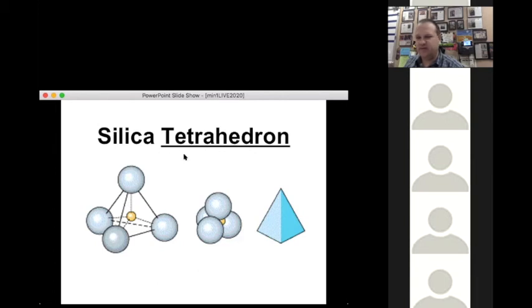Tetra, you might remember or heard of the game Tetris, where you have little blocks and they fit together. Tetra means 4. So tetrahedron is talking about the 4 oxygen. 1 silicone, 4 oxygen, silica tetrahedron.